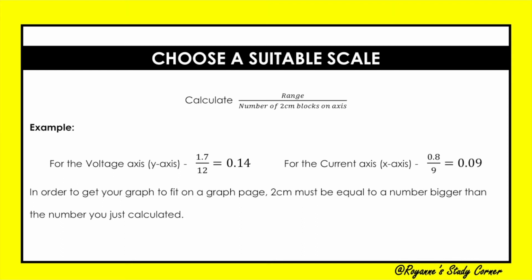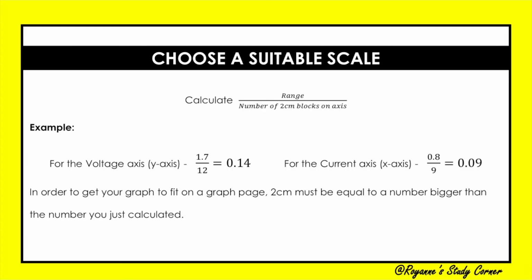Now, why are we dividing it by the number of 2 centimeter blocks on the axis? You might be wondering, why are we dividing by 12 for voltage? What's the significance of that? This is our graph paper here. Our intervals are going to be generally 2 centimeters, so that you can know what interval to use on your axes.